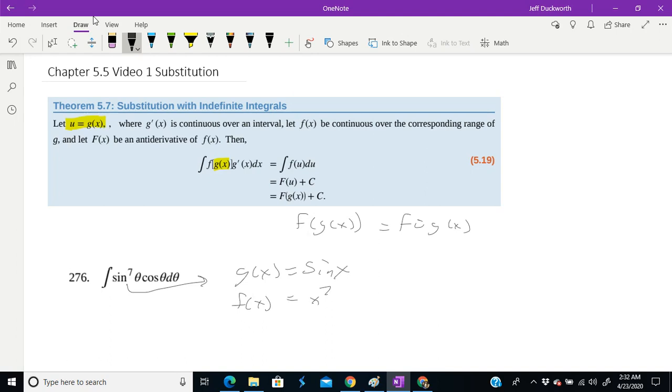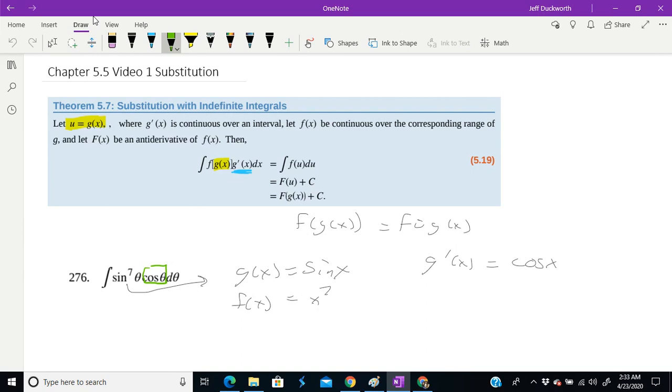All right, and then we have the other part here, G prime of X. Well, the derivative of our G, so G prime of X, derivative of sine of X is cosine of X. And that's what we have, well, cosine of theta in this case. So we have a product of two things that fit this form, and we're going to be able to substitute with it to solve the problem.